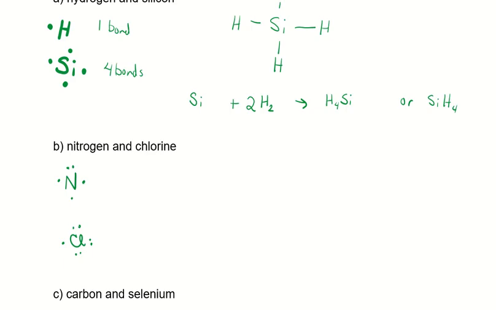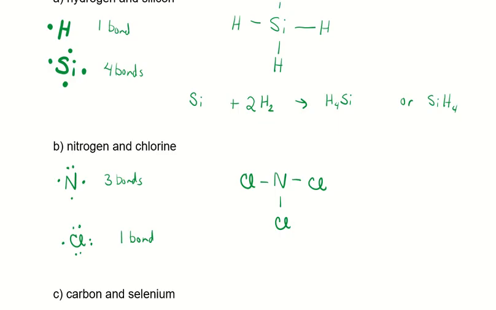So we expect nitrogen to form 3 bonds and chlorine to form 1 bond. If we show the nitrogen with 3 bonds, it doesn't matter which directions we put them, and we put the chlorine around. Now each nitrogen has 3 bonds and each chlorine has 1 bond, so they each are meeting that bonding capacity.